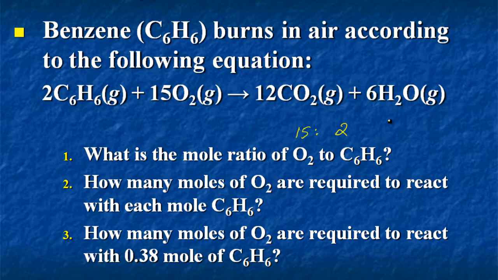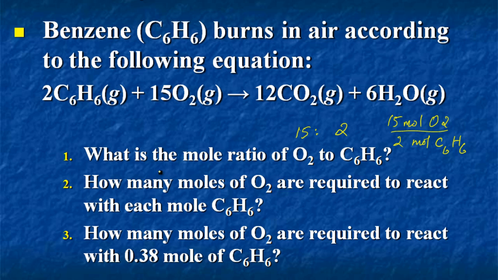Or if you want to write that as a fraction, 15 moles of O2 per 2 moles of C6H6. Note that the ratios can be expressed as a fraction also. Mathematically they are one and the same, a ratio and a fraction.